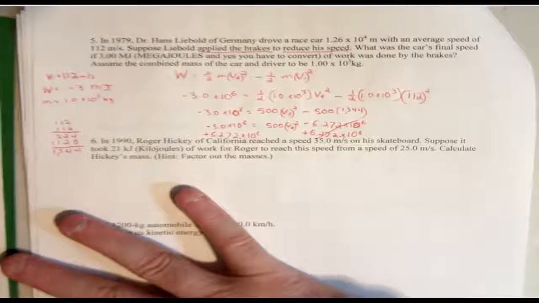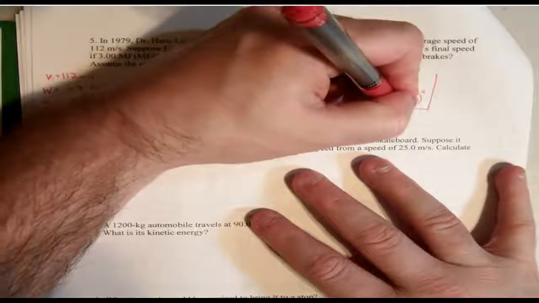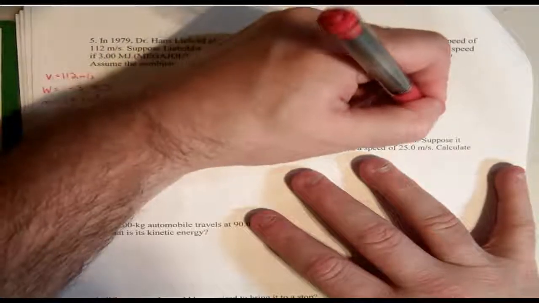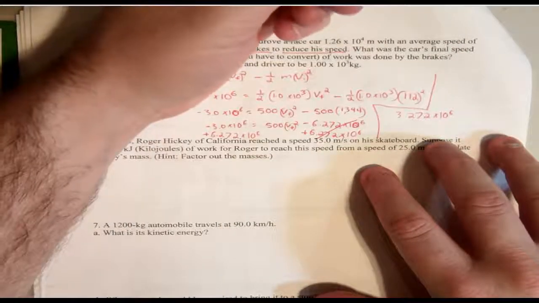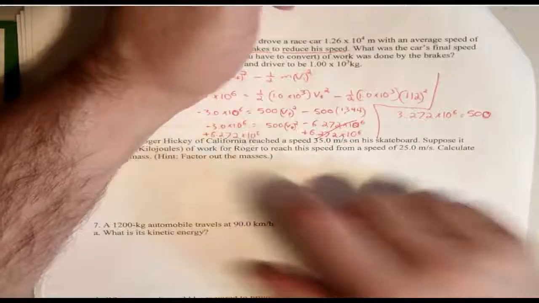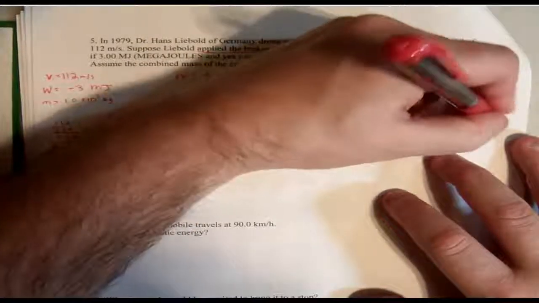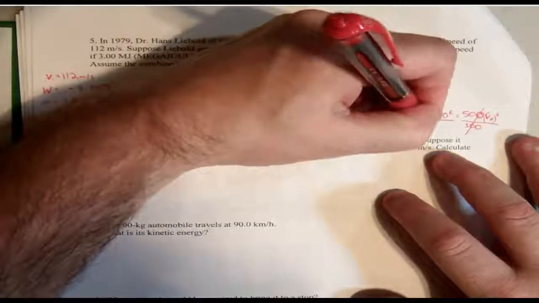Now we have 3.272 times 10 to the 6 equals 500 times final velocity squared. It's multiplying, so it's divided out: divide by 500.